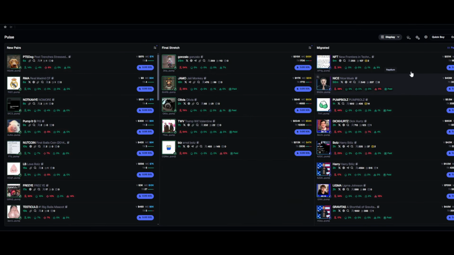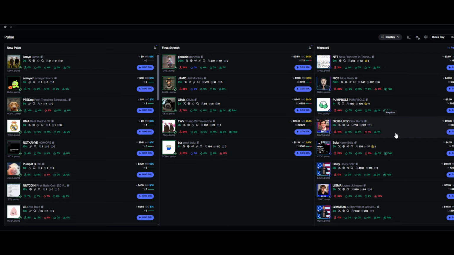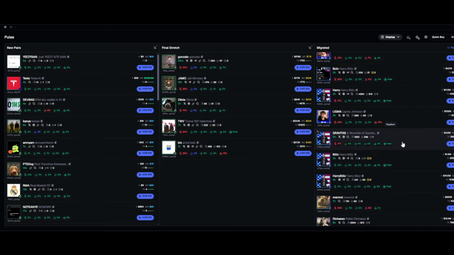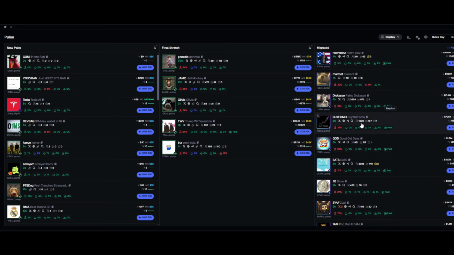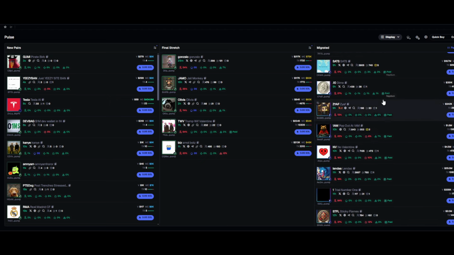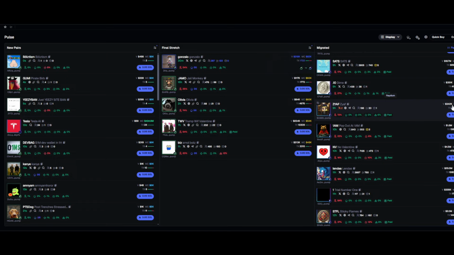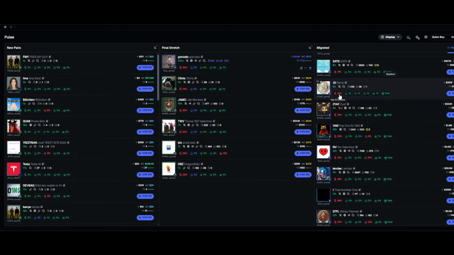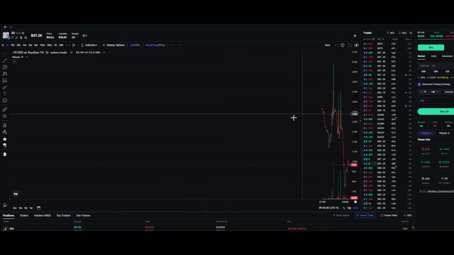Now let's go back and find a different coin. Let's see what we can find here. We can try, let's go with this one. 27% held by top 10.